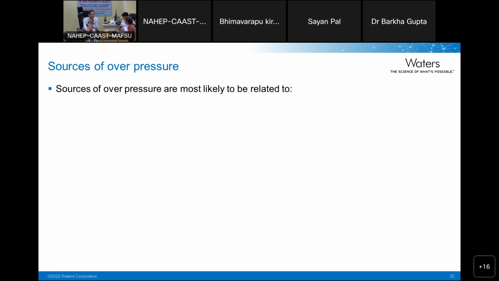Suppose today I'm working with some experiment and that is giving 9,000 starting pressure. Tomorrow it has gone to 9,500 or it has gone to 8,500. So there is some change in that initial pressure. That indicates there is some change in the system, so I need to address that before starting the experiment.